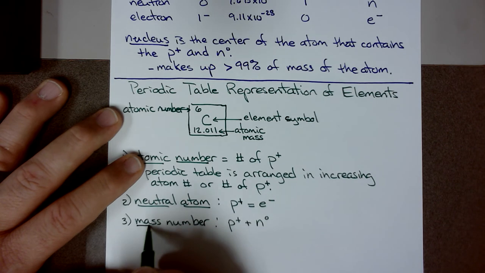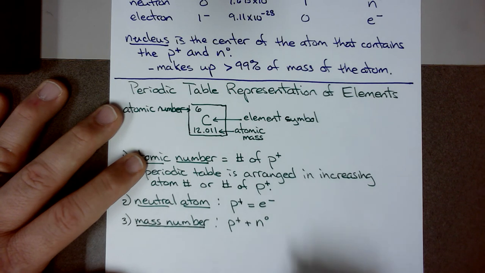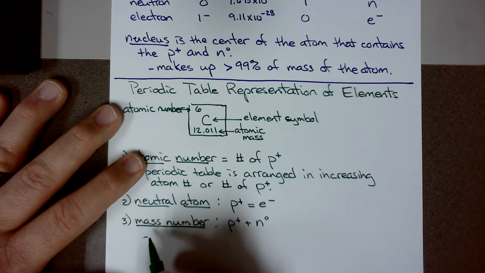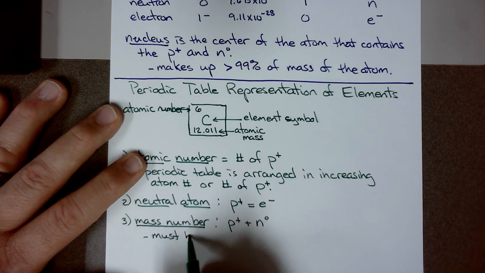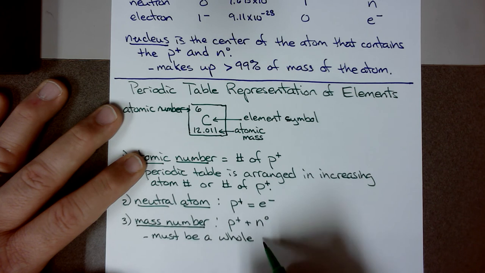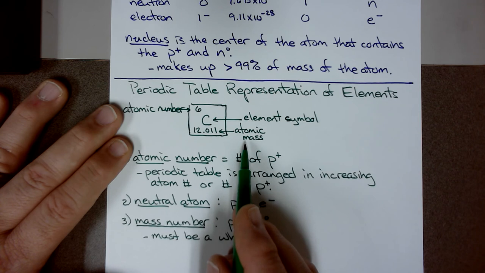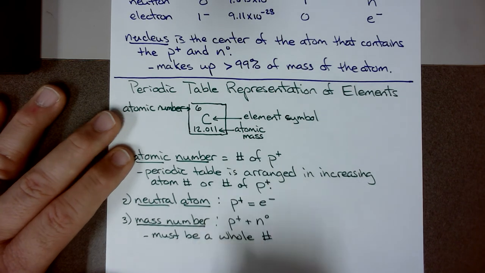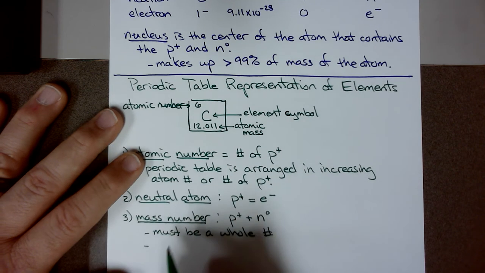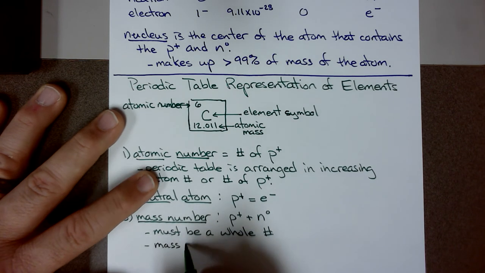So it's the mass of the nucleus of a single atom. It must be a whole number. Which means that the mass number is not the same as atomic mass. Atomic mass is something different, and we'll go through that in just a second. And the mass number is the mass of individual atoms.